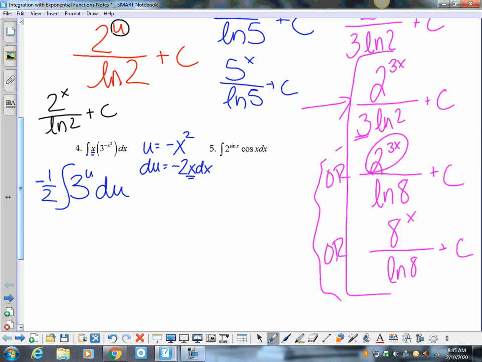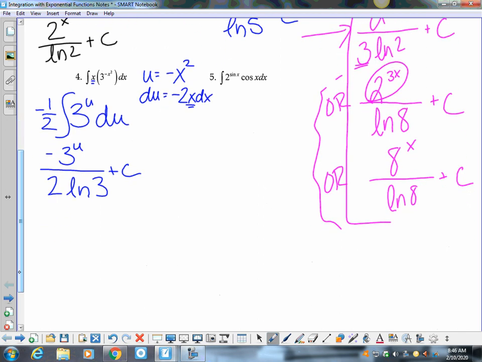So then that's going to give me what? Negative 3 to the u over ln of 3, plus c. And then put your u back in here.